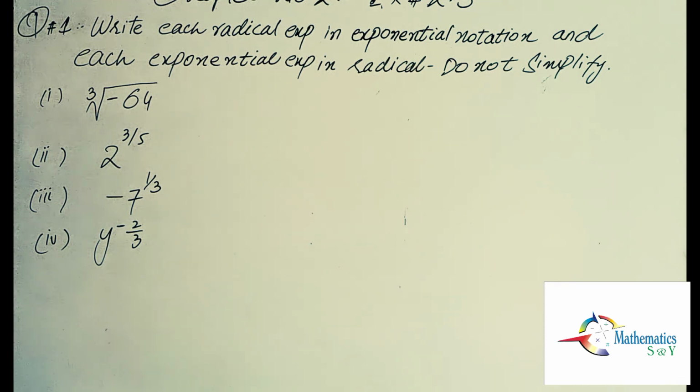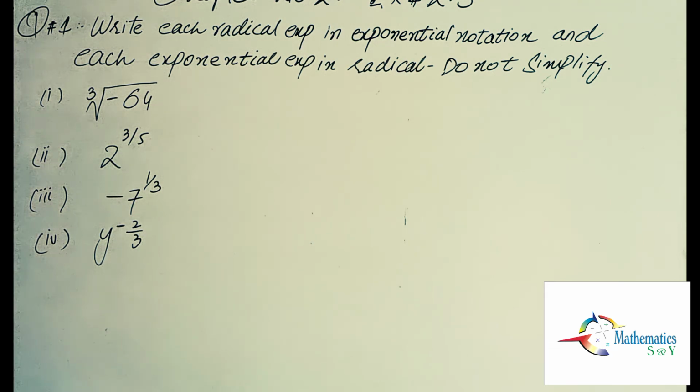So guys, here you will see that this form is the radical form because it involves a root. This is the cube root. So we will convert this into exponential form. Exponential form means in which we represent any number or expression in the form of a power, in the form of an exponent.